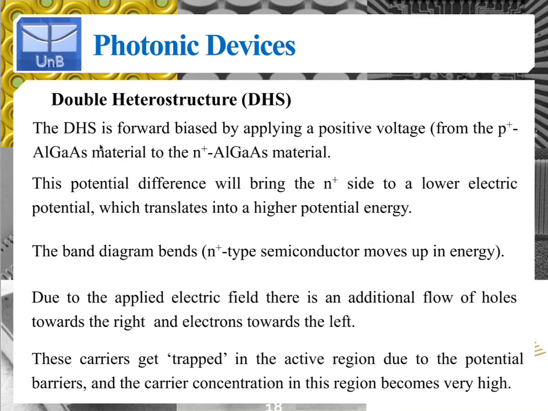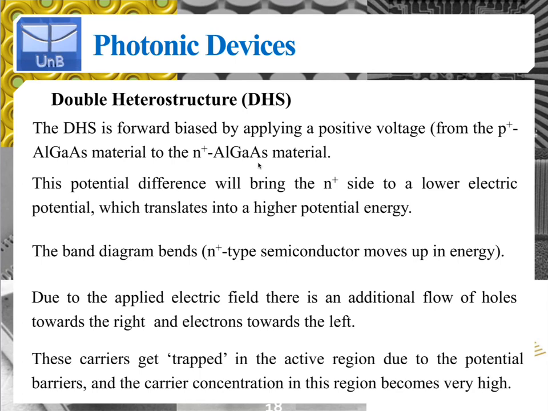Now, what happens when you forward bias, when you apply a forward potential to the double heterostructure? By applying a positive voltage, you apply a voltage source in such a way that the P-type material, the heavily doped p-type aluminum gallium arsenide material, is at a larger potential than the n-type material, right?